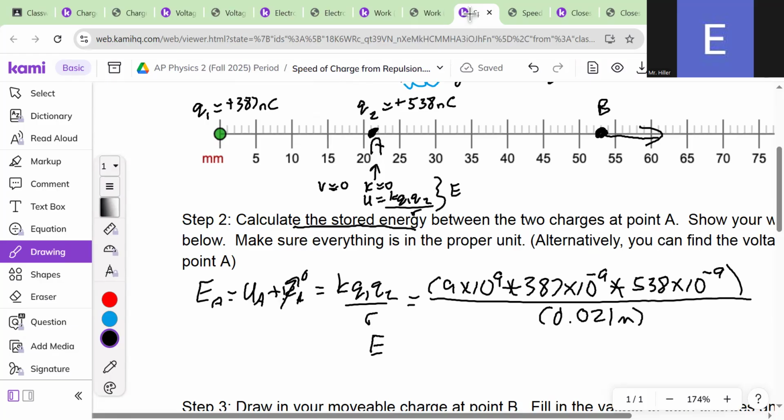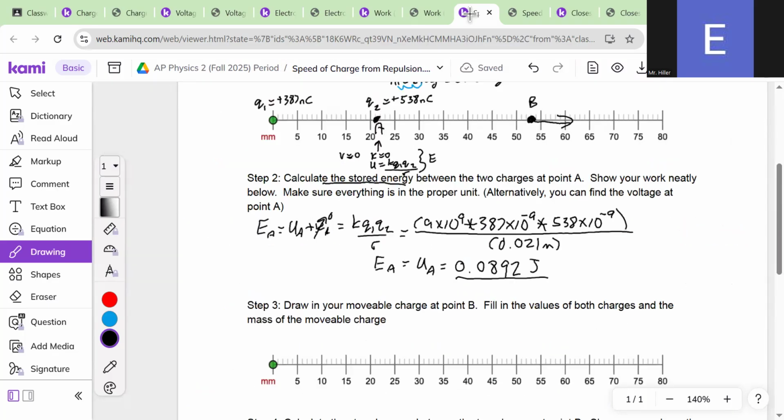And so the potential energy at A, which is the total energy, let's go ahead and find that. All right, I'm getting a value of about 0.0892 joules.